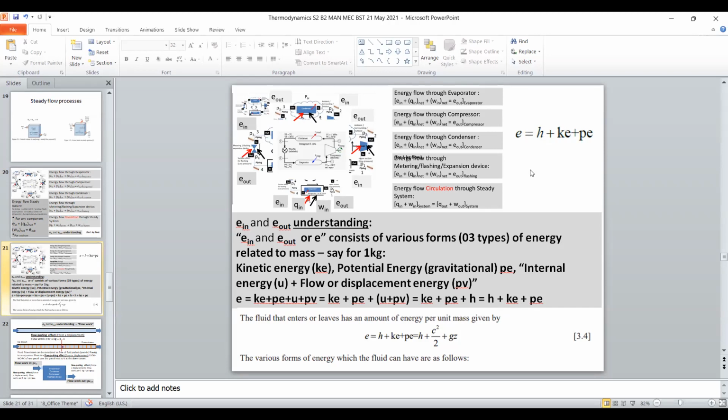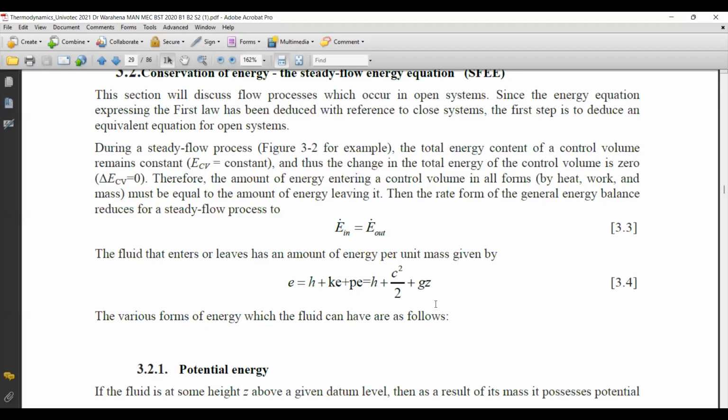So you see how this E is Ke plus Pe plus H. So how is this possible? So you should understand that. So E is rewritten as H plus C squared by 2 plus GZ.